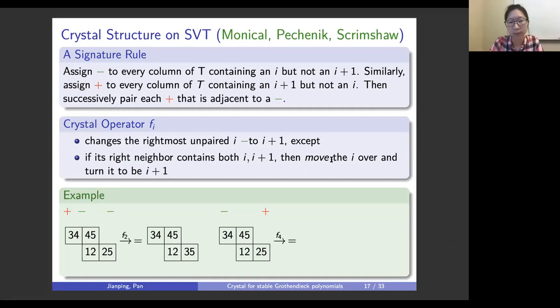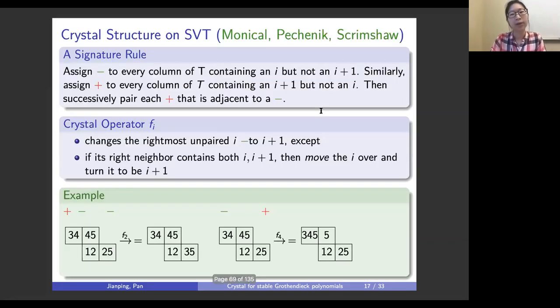So instead, we have to move the i over. We need to move this 4 over and make it into a 5. So now the 5 is very lonely. It's in its original cell, but this is to keep semistandardness in the process. And these people proved that this is a valid crystal, which actually comes from representation theory.